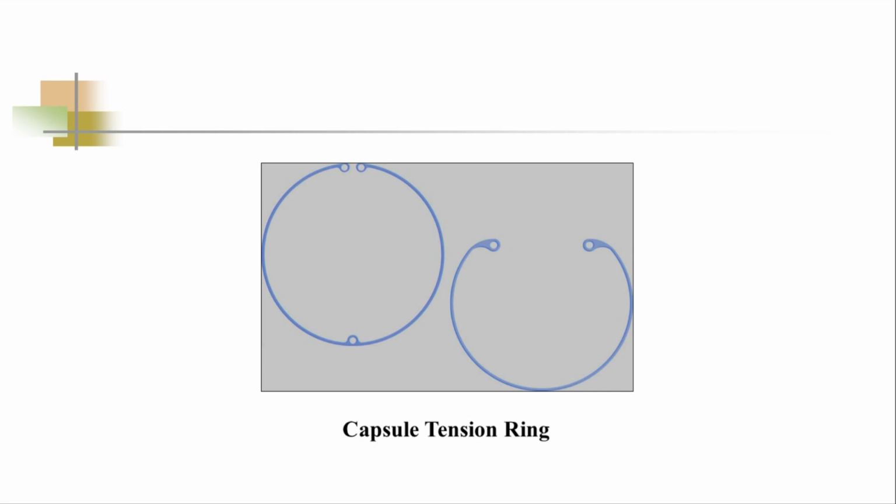Capsular tension rings are made of polymethyl methacrylate and were introduced in 1993. Standard rings have expanded ends that have positioning holes to facilitate manipulations during surgery.